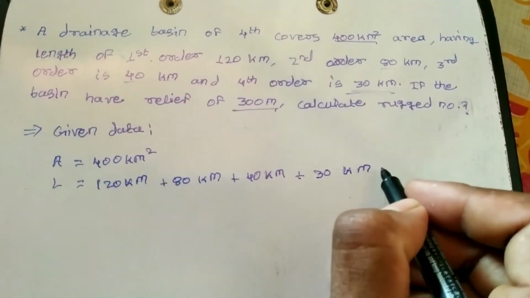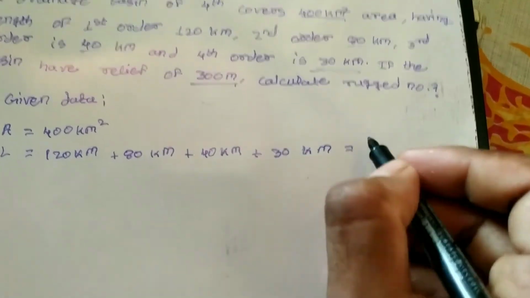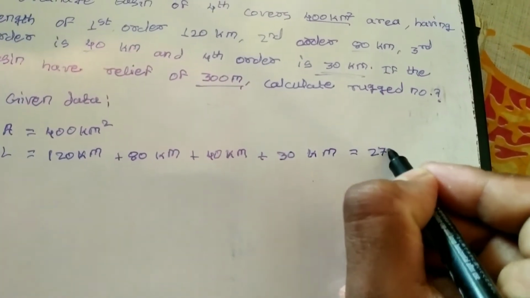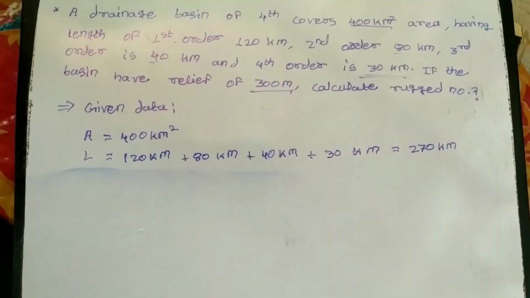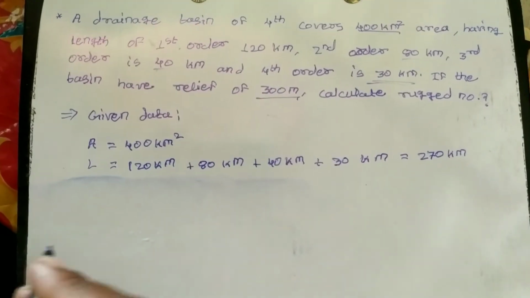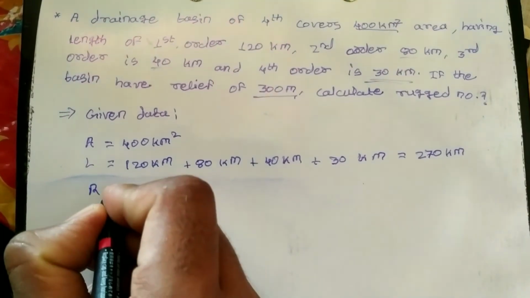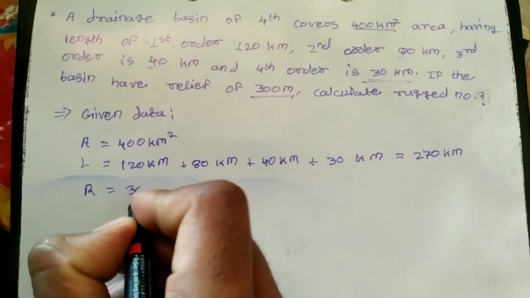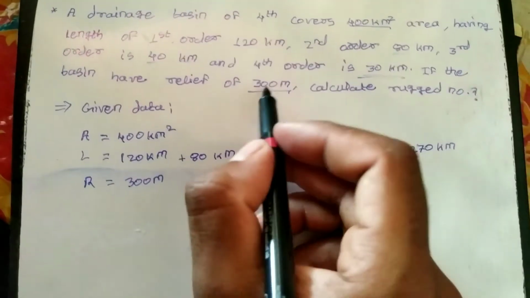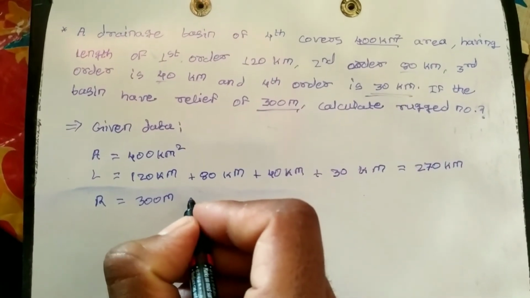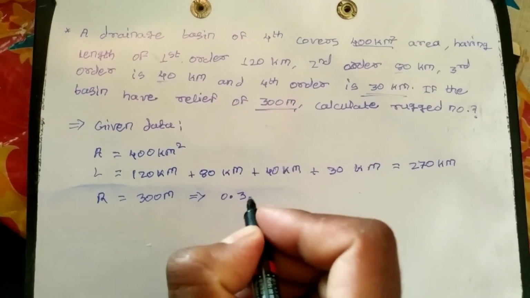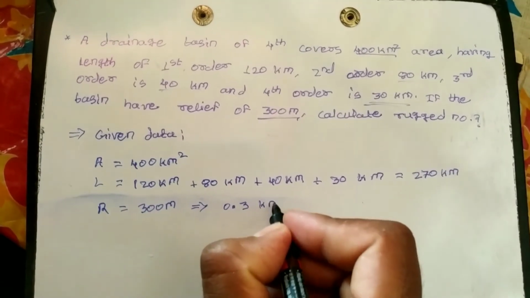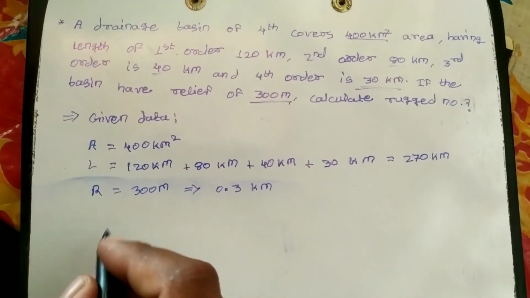So total length is 270 kilometer. Again relief is given, that is capital R equal to 300 meter, that is 0.3 kilometer, and rug number is asked.